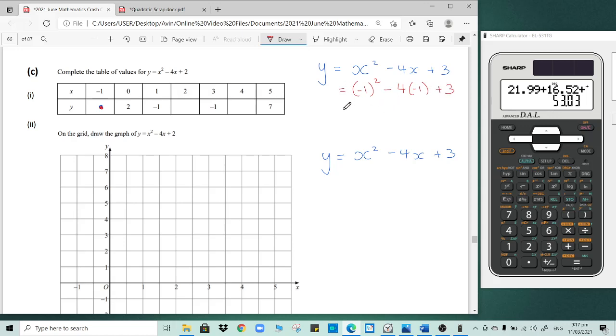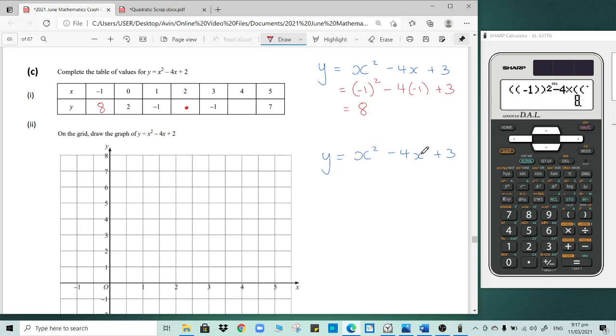Let's just quickly work this out on our calculator. Calculator is doing all the hard work. Open brackets, minus 1, close brackets, squared, minus 4, multiply by open brackets, minus 1, close brackets, plus 3. And I get 8. So that means this value of y here is supposed to be 8. Now to figure out this value of y, look at the value of x above.